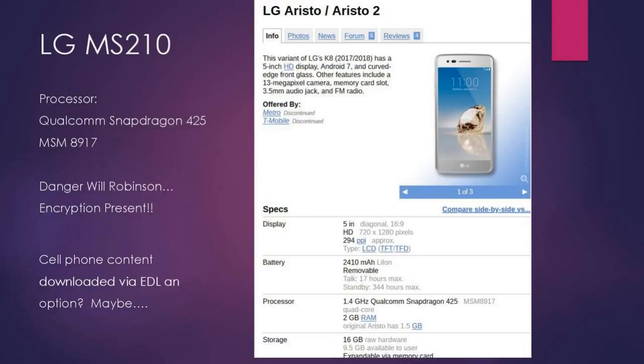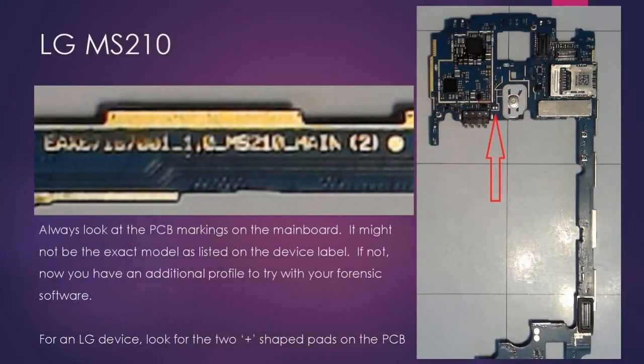All right, so on Alcatel or on LGs, they're quite simple. Now, one thing I want to point out on the LGs, they actually list the board part number, or the model number.